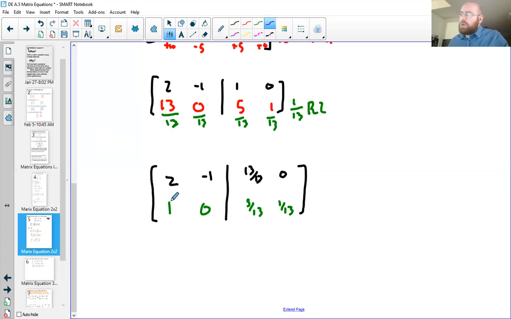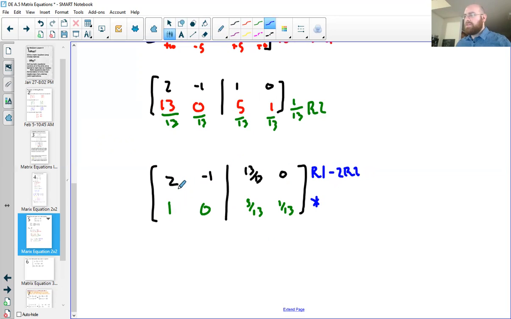And what I can do now is use the 1 in our first component of the second row to eliminate the 2 in the first row. So I'm going to do row 2 minus 2. Hold on a moment. It's really row 1 minus 2 times row 2. I apologize for that snafu. I'm glad I caught it quickly.